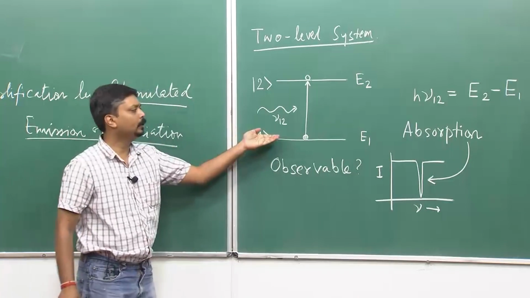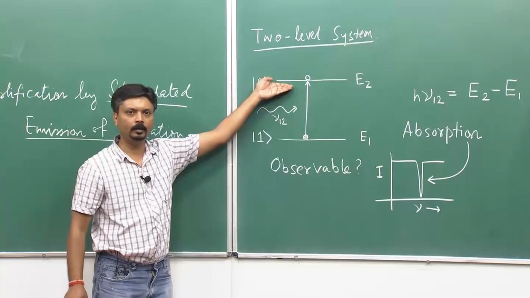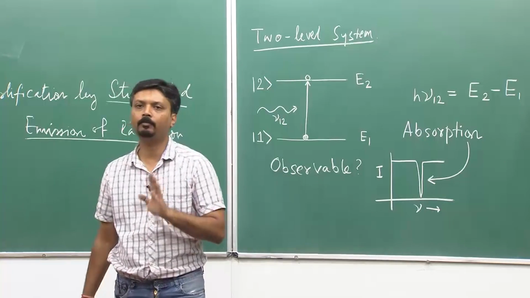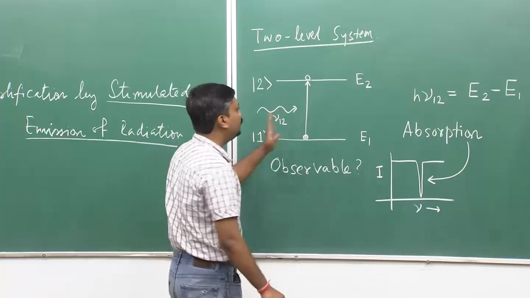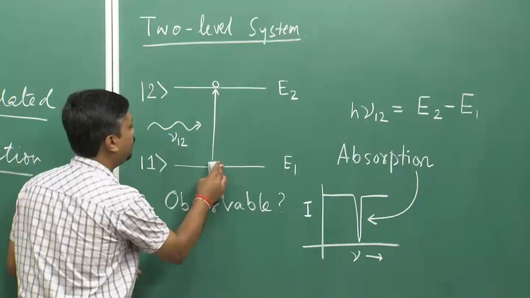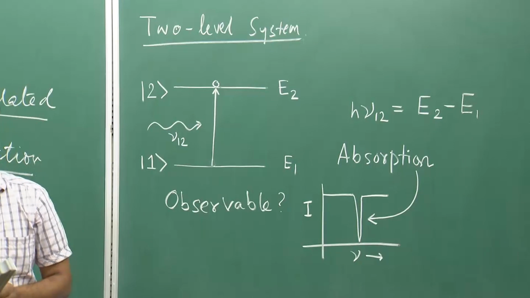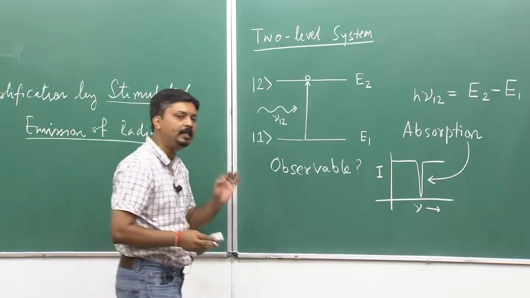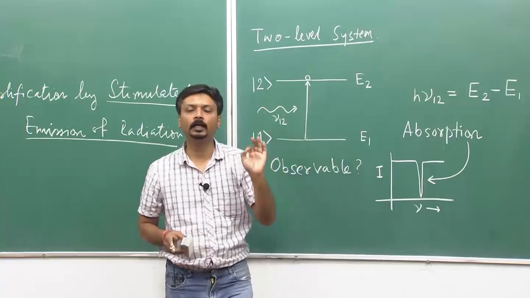Once I take the system from the ground state to the excited state, the molecule will be there. Now for how long? Will it be there forever, or for a certain period of time? The answer is that this state of the system, that is when the molecule has made a transition and is residing on state 2, will not be there eternally. It has a finite time for staying in that particular state 2, which is known as the lifetime.